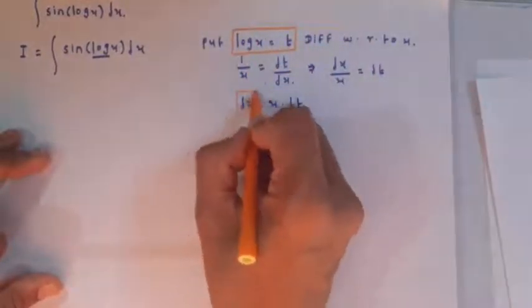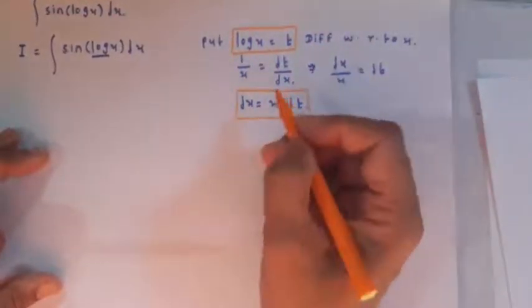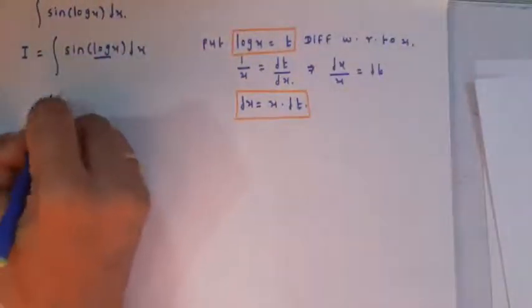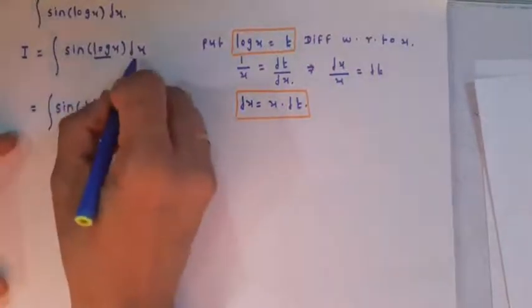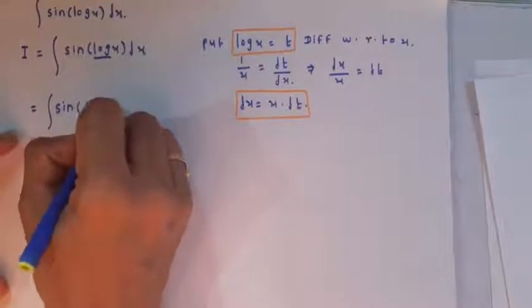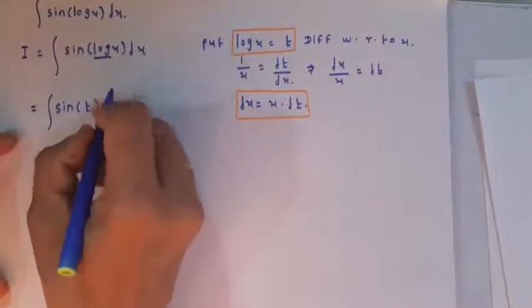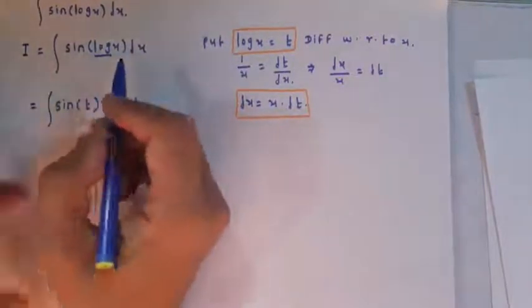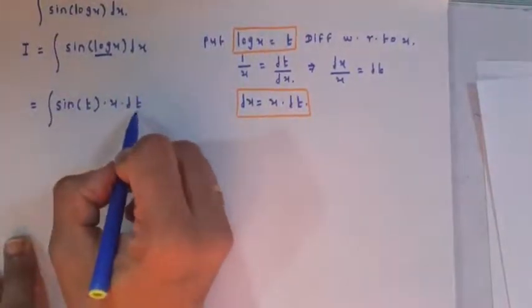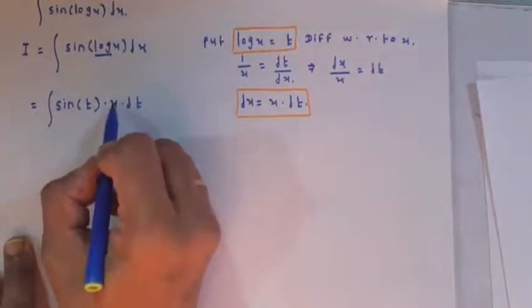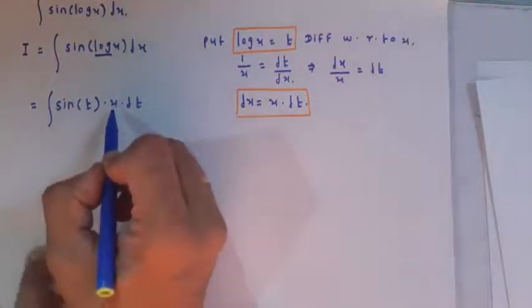Okay students, but see here, now this is sine of t, and the value of dx is x into dt. Now the variable of integration we have converted in terms of t, but here this x we have to remove by t.